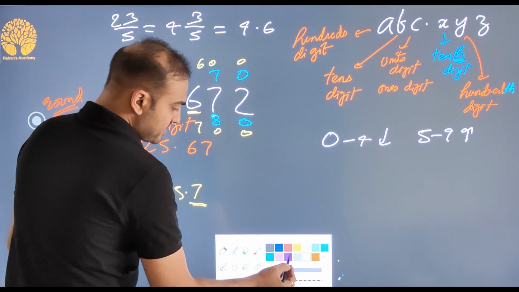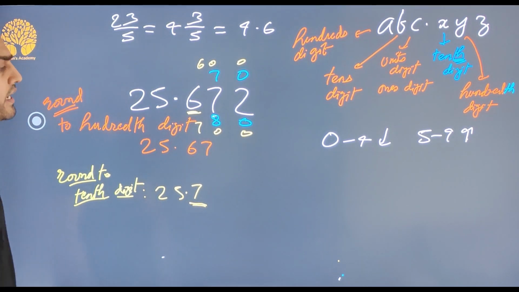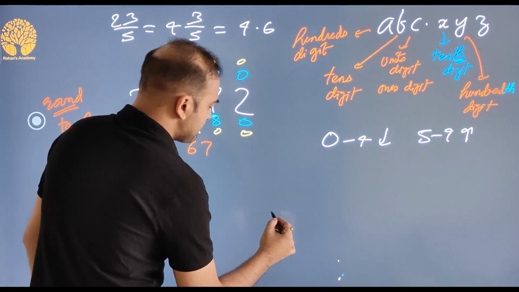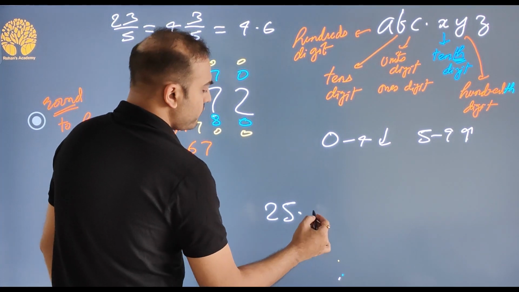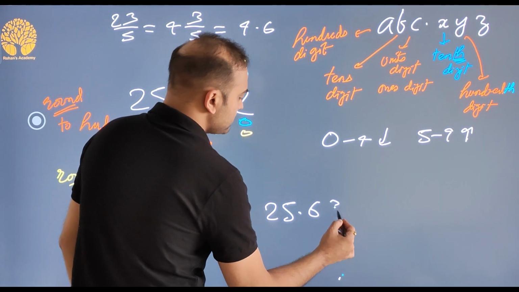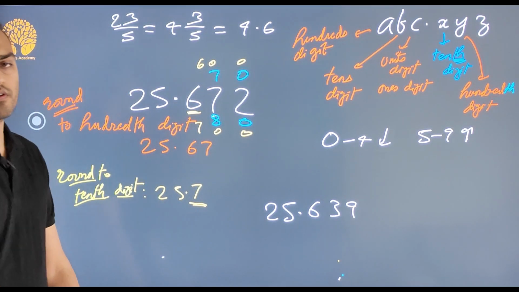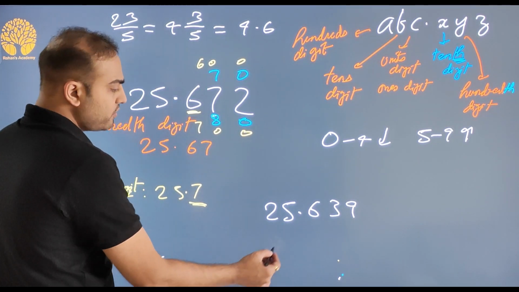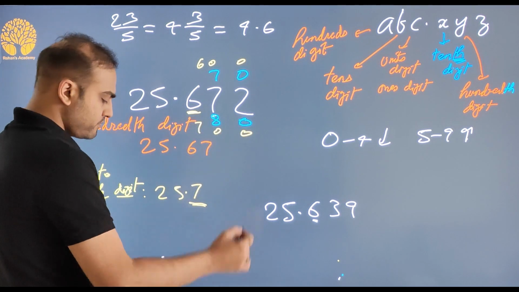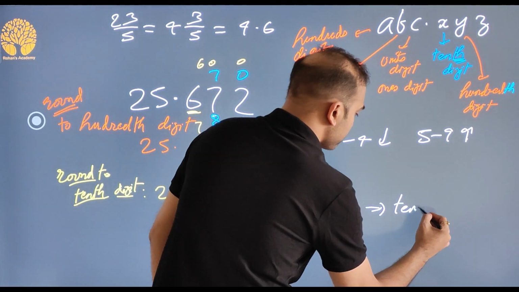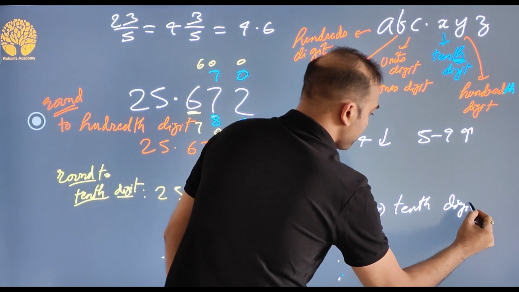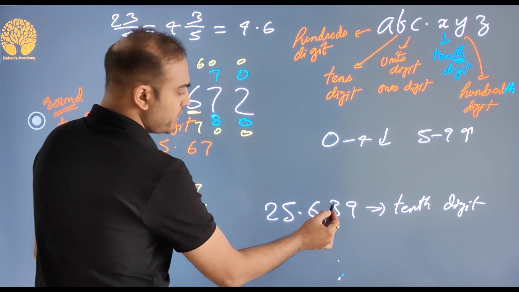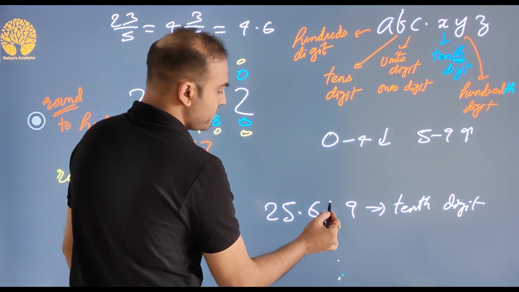Let's take an interesting example to understand this a little more. I want you to try rounding off 25.639 to the tenth digit. Or let's make this question even more interesting.